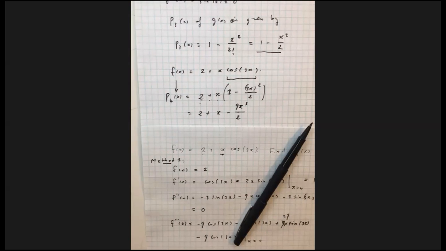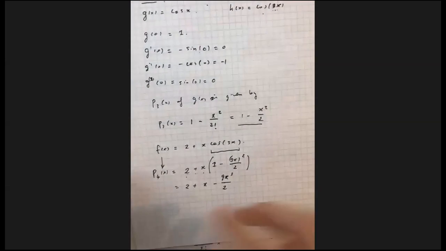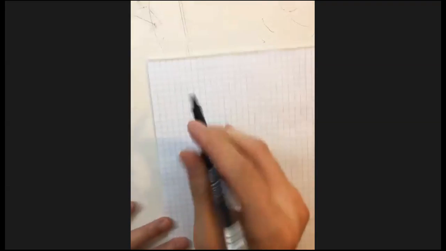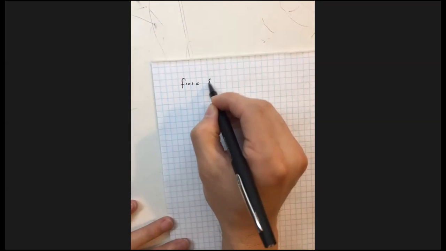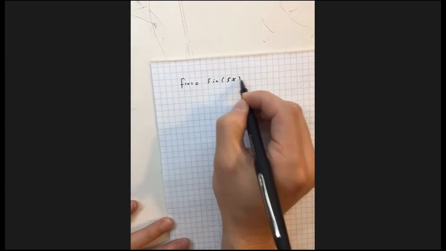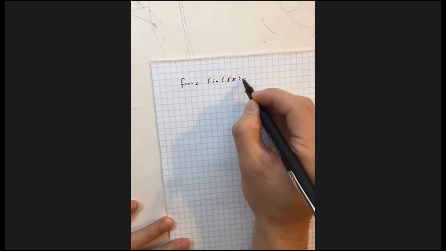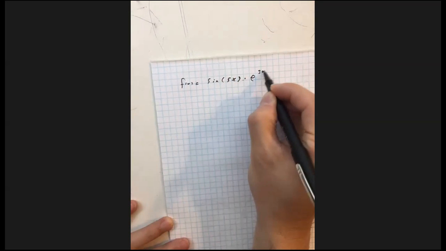And then if you have any other polynomial, let me give you a more complicated example here. Suppose that you are trying to find, for example, f(x) equals sine 5x times e to the 3x.